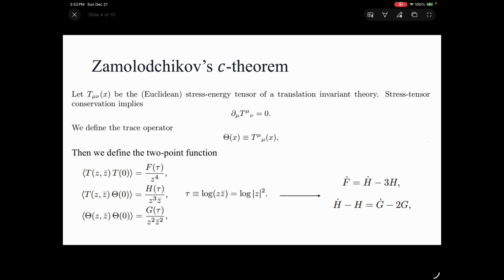Next, we introduce complex coordinates on the plane, z and z bar, and we define the 2-point function. Here, tau is the norm of z squared put in a logarithmic function. According to the 2-point function, we can write down the relation between F, H, and G. The dot denotes differentiation with respect to tau.